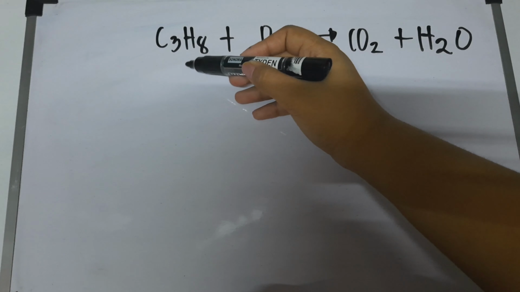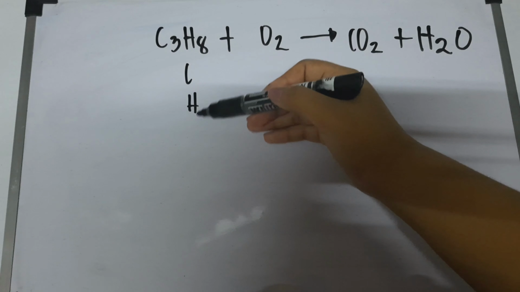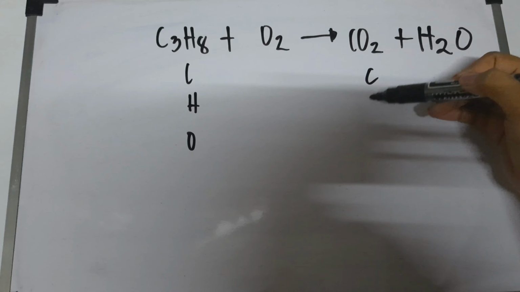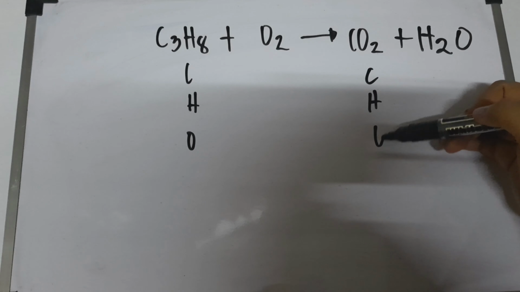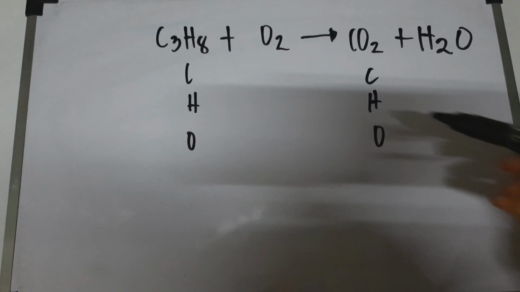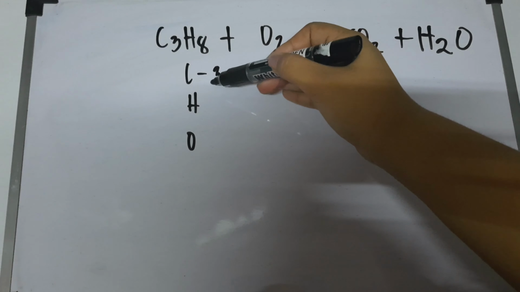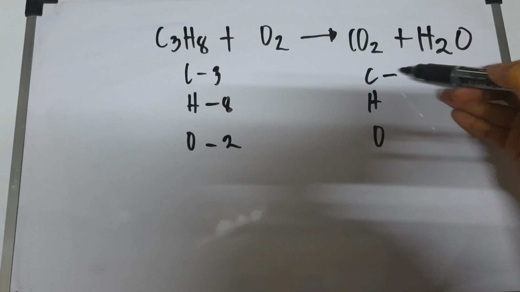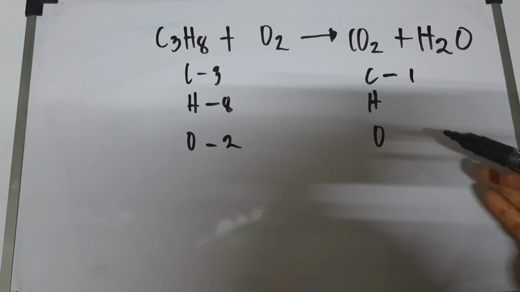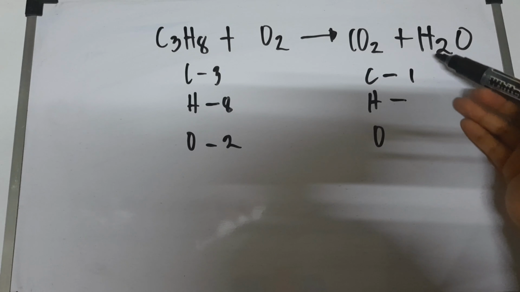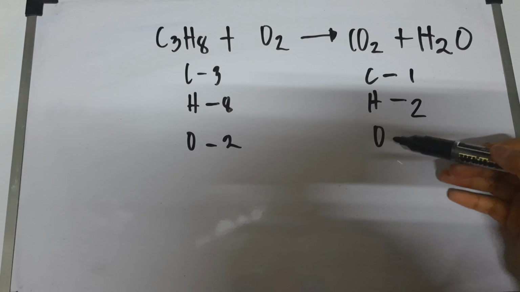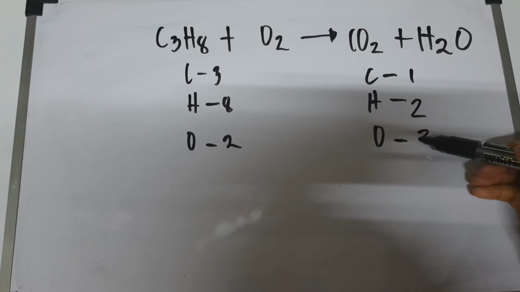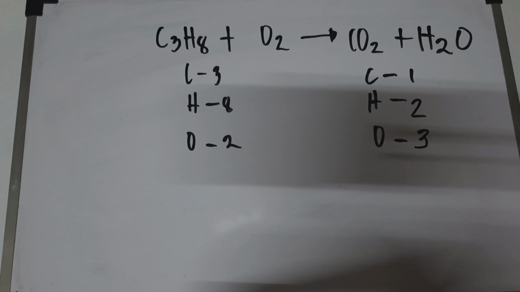So we have carbon, hydrogen, oxygen, carbon, hydrogen, and oxygen. Here we have 3 carbon, 8 hydrogen, 2 oxygen, 1 carbon, 2 hydrogen, 3 oxygen. What are the coefficients we need to add to balance this equation?